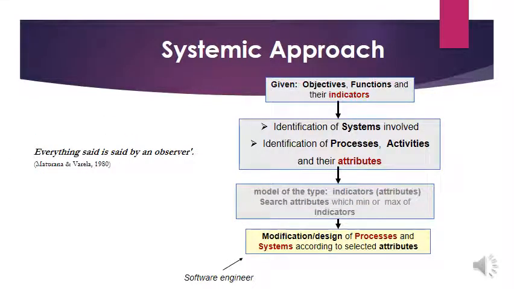Investigation to identify any problems related to the objective of the system, its function, and their indicators is designed for the systemic approach. Pre-tests need to be conducted. Simulation normally is run to identify any possible problems. After the investigation is complete, the modification or design of processes and systems according to the selected attributes is recorded and improved.